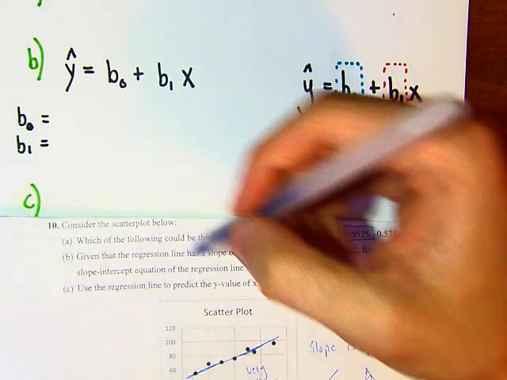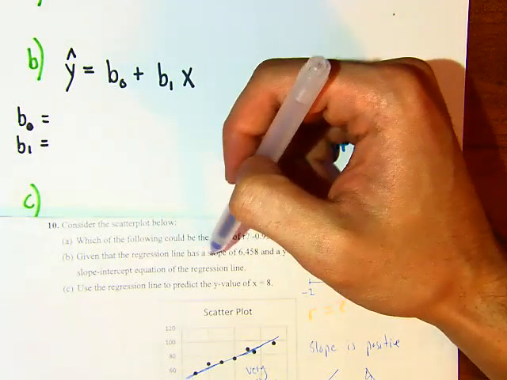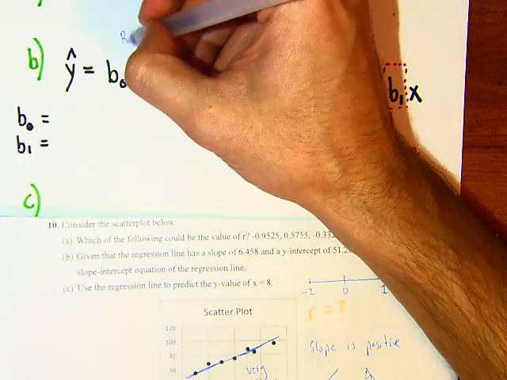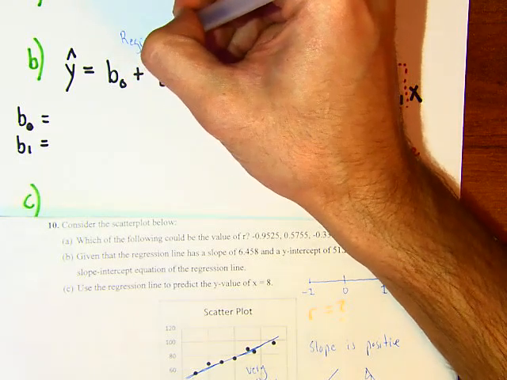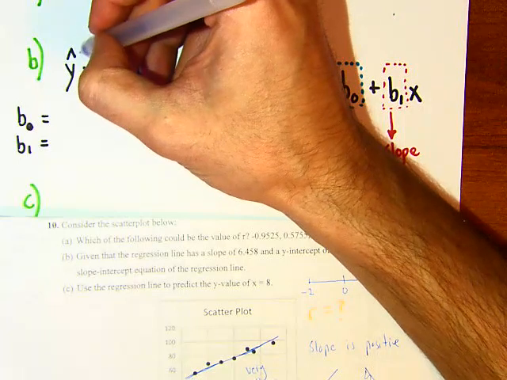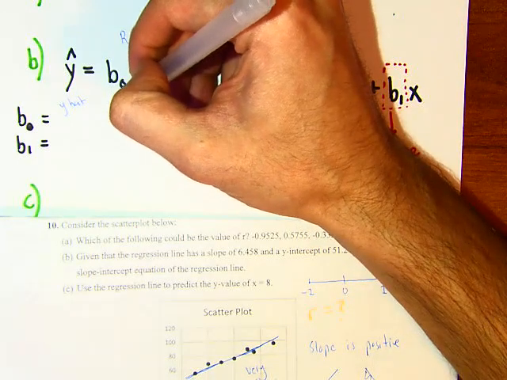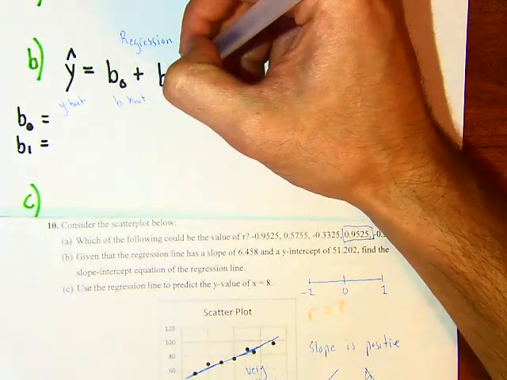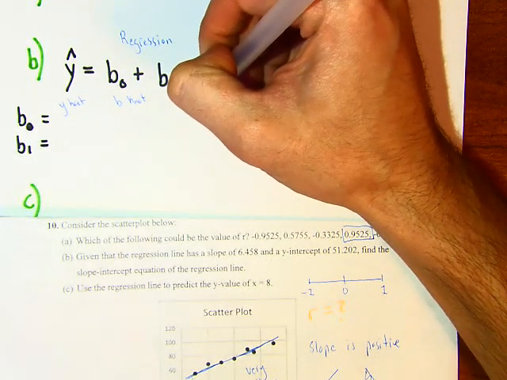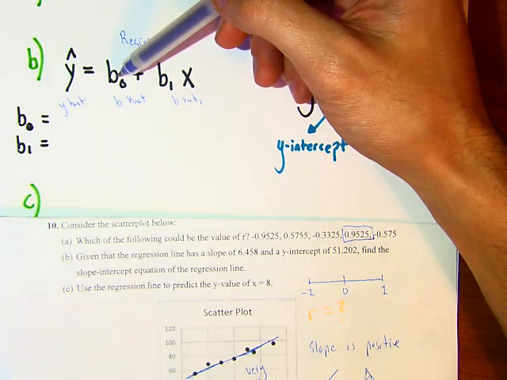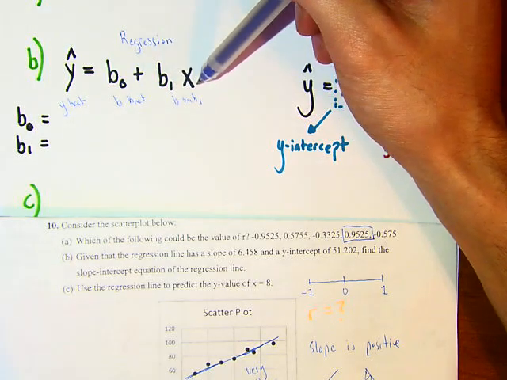When we look at part B, it says given the regression line has a slope. So what is the equation for a regression line? It's right here. It's this y hat. The way you read this is y hat equals b naught plus b sub 1 x.